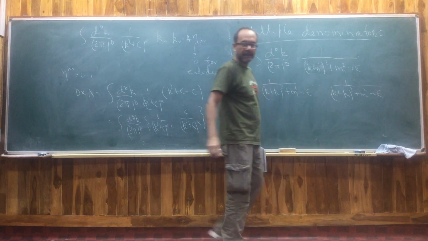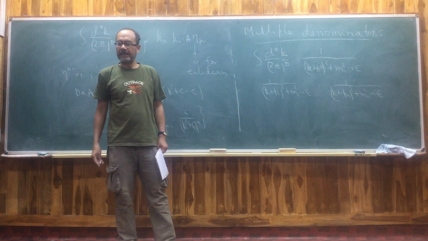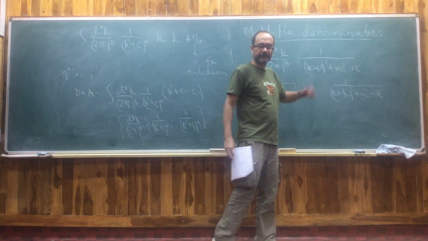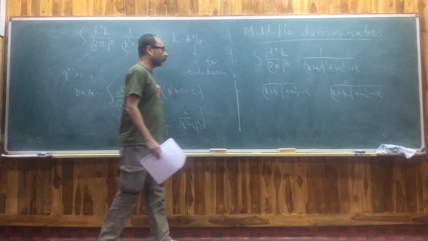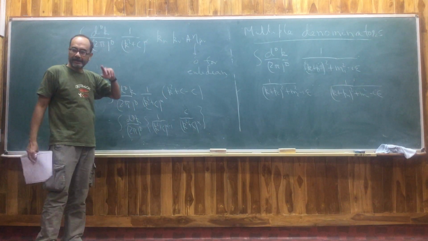This is a typical term that we have. In one loop, we have multiple denominators. So the question is, how do we deal with these? So far we have been talking about only one denominator.